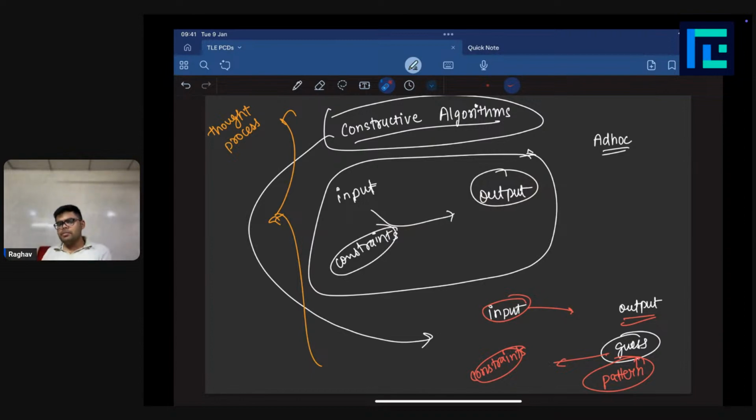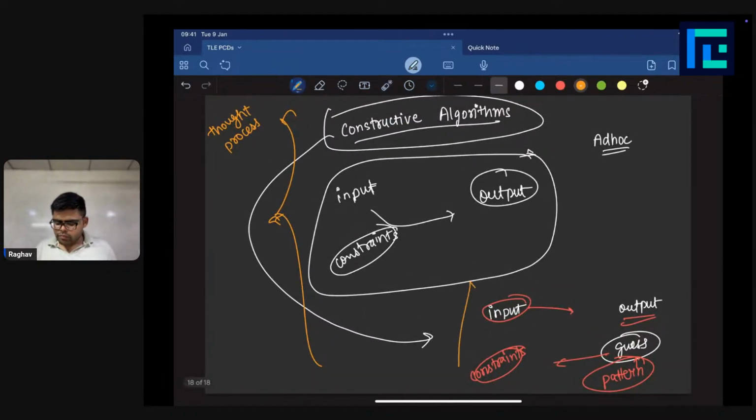But a lot of times in constructive algorithm problems, it is better to just guess some output and check if it is passing the constraints or not, and try to figure out some patterns in the outputs that are passing. And once you realize the patterns, you can solve the problem.